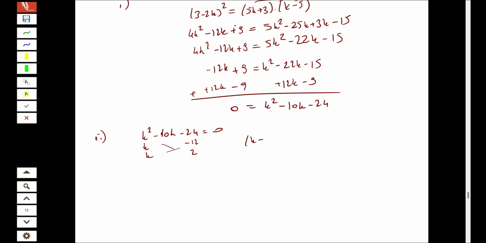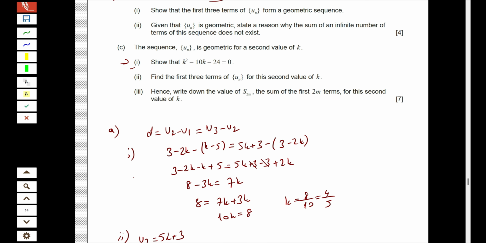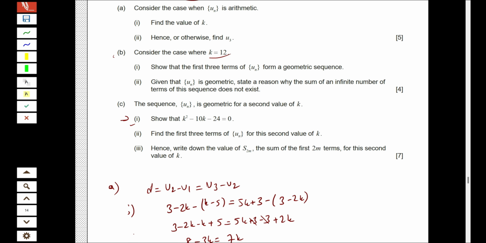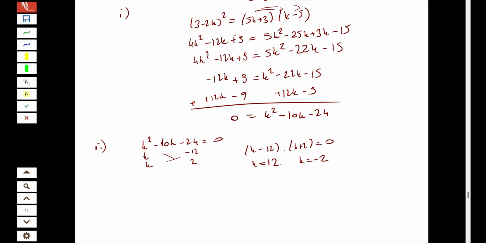So the factors of this quadratic are k minus 12 times k plus 2 equals 0. From here, you can see that k is either 12 or minus 2. We used 12 before, so now the second value of k is minus 2.